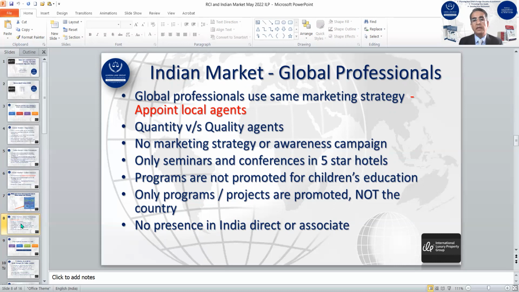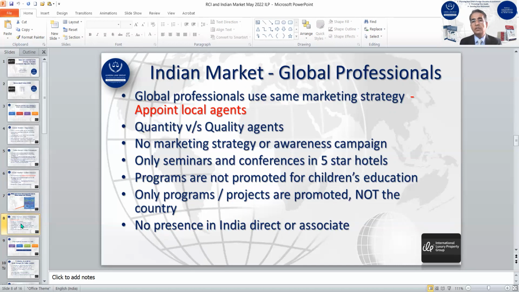What I firmly believe is that global professionals should look more into the quality of the agents rather than the quantity of the agents. If you have one or two good quality agents, they can bring you a regular stream of leads and investors, rather than having 20, 30 immigration agents across India.